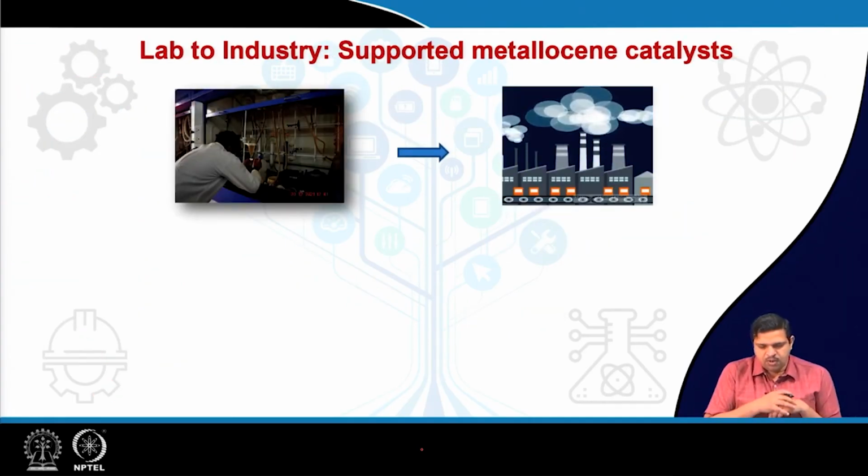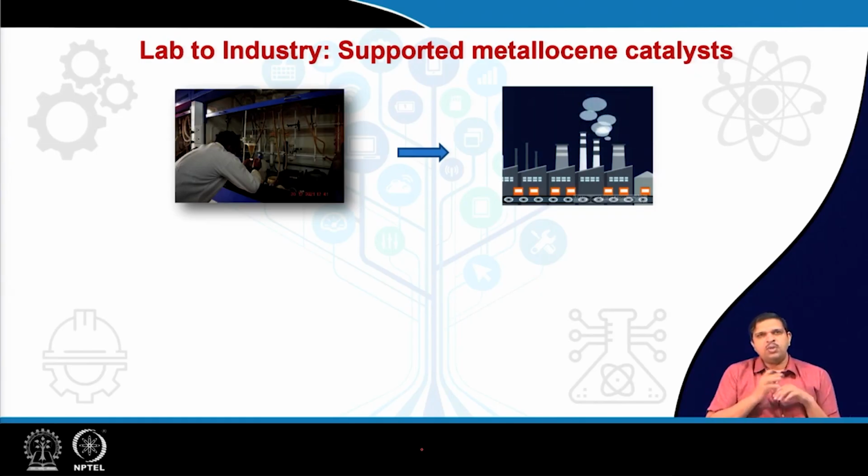So now we understand that, to make it an industrial process, with practical implications, we have to transfer the very active homogeneous catalyst to a more practical heterogeneous catalyst.